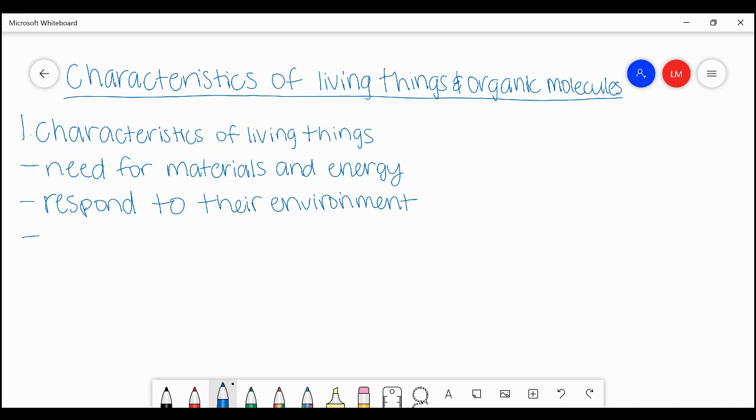All living things are also made of cells. It could be a single-celled organism like algae or a multicellular organism like you.